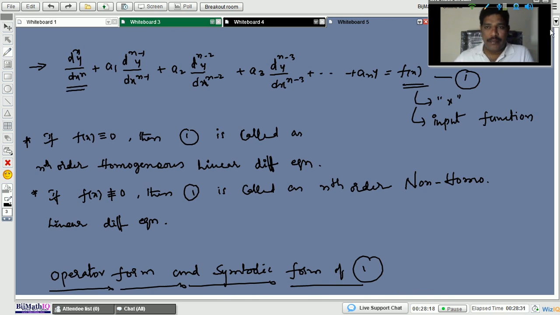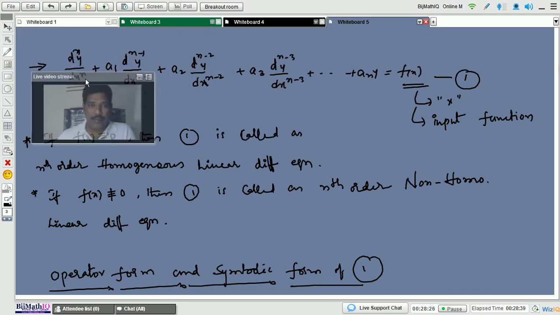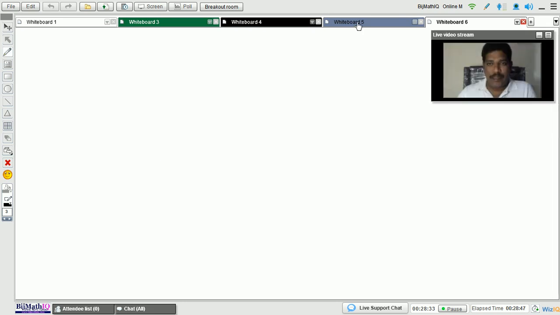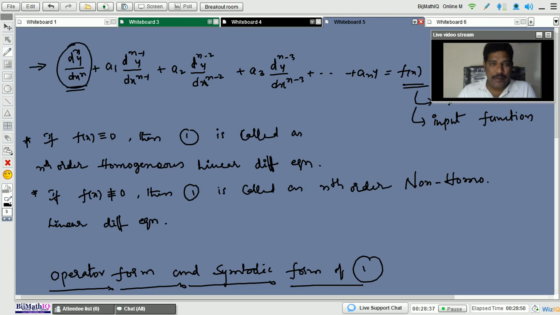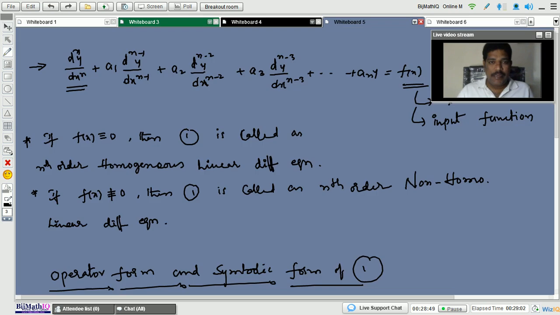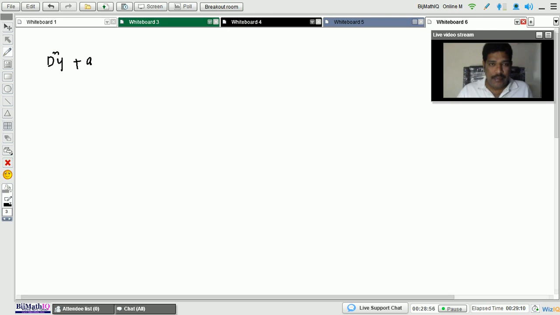If you write it in operator form, what will you get? I am adding a new board, the board color I am taking as white. So d power n y by dx power n, I write in operator form as capital D power n y plus a1 into D power n minus 1 y plus a2 into D power of n minus 2 y plus so on plus an into y equals f of x.